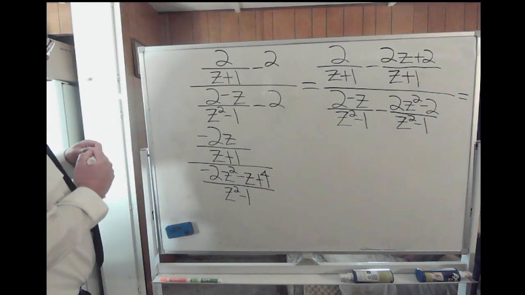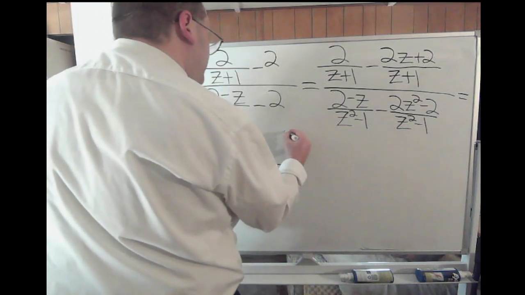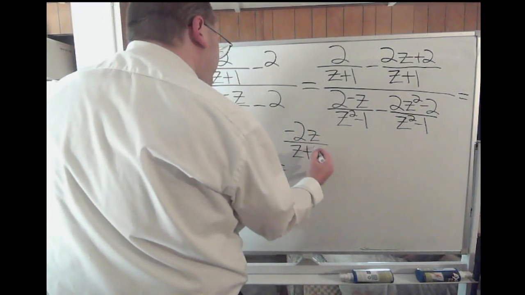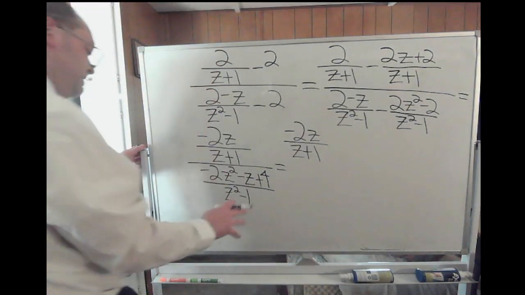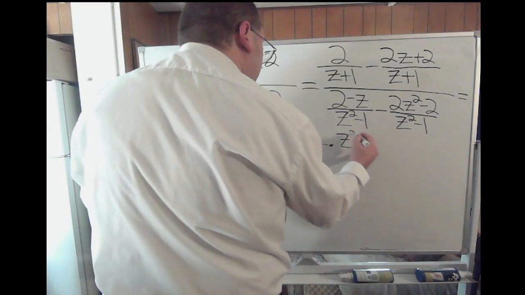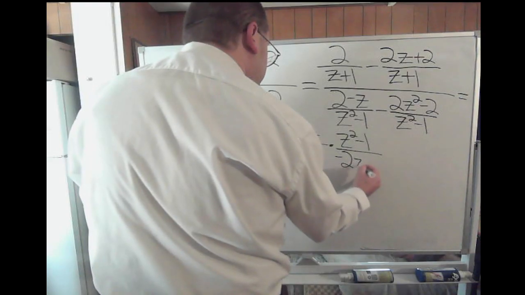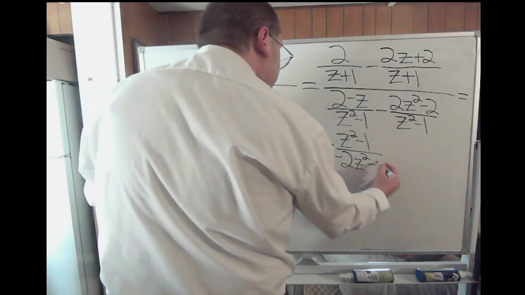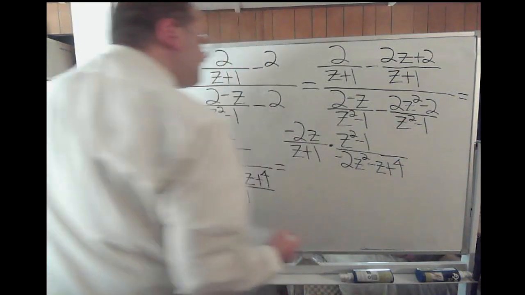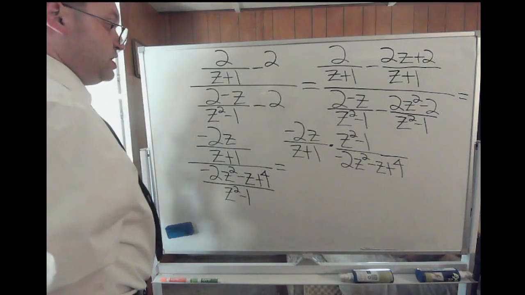Well, now we can invert and multiply. You'll keep your negative 2z all over z plus 1, but you'll invert and multiply the second fraction of the denominator. That'd be times z squared minus 1 over negative 2z squared minus z plus 4. All right.